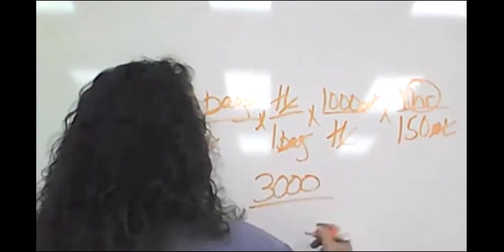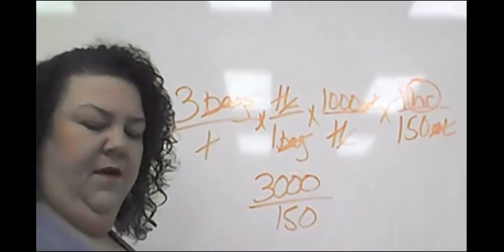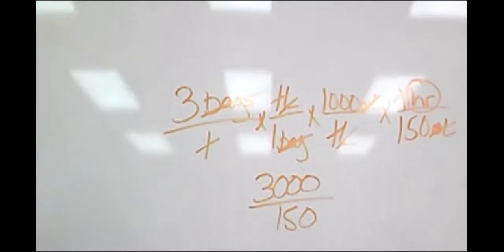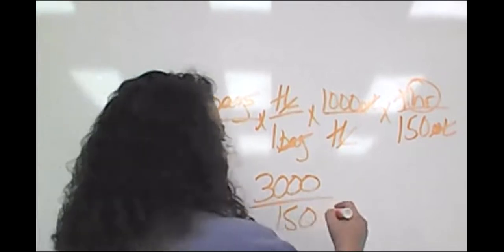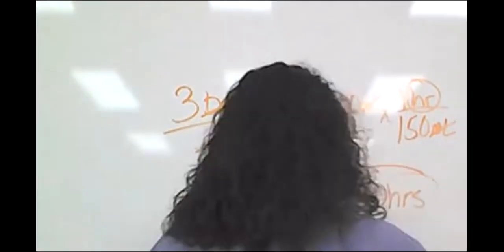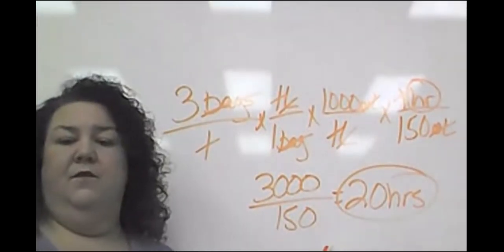And on the denominator side, it leaves me with 1 times 150, which equals 150. The 3,000 divided by 150 equals 20. So it would take 20 hours for all 3 of those bags to be infused.